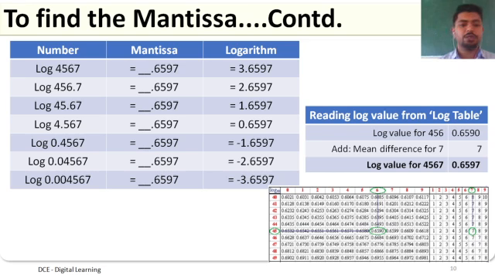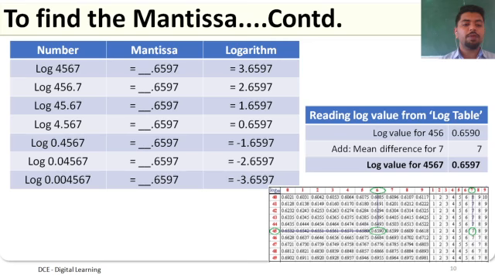Similarly for 45.67, the log value would be 1.6597. For 4.567, the log value is 0.6597. For the log value of 0.4567, here the number is less than 1. So after the decimal point, we have to see the number of zeros immediately after the decimal point.